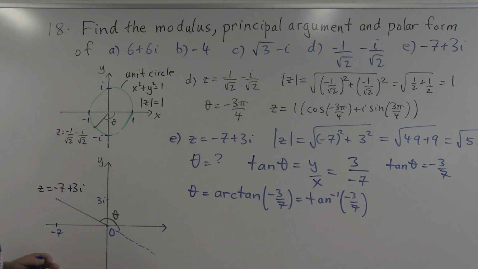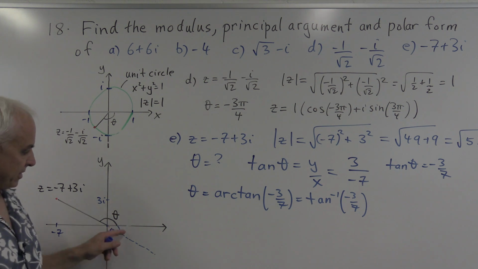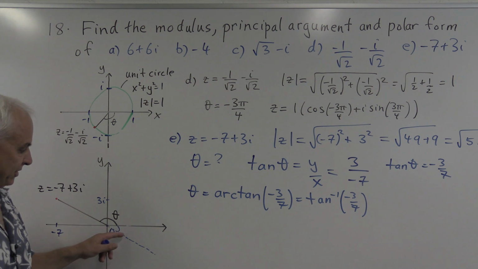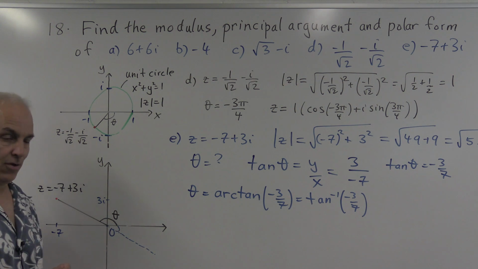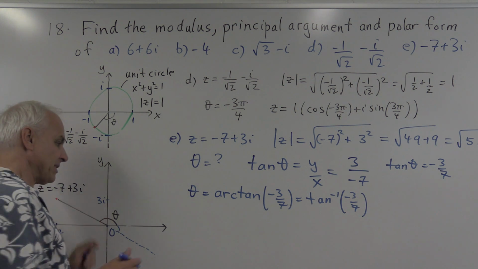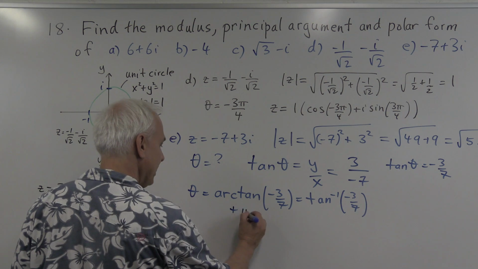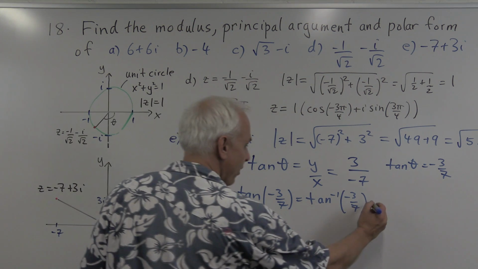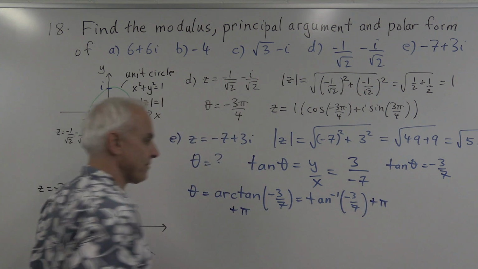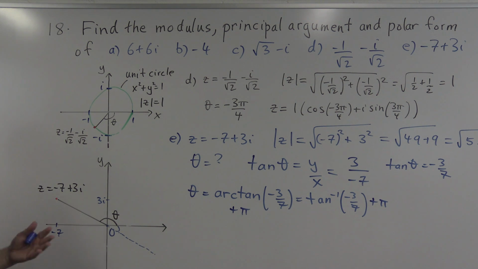And so when you're calculating arctangent, your calculator is going to spit out that angle and not this angle. So to compensate for that, we really need to add pi to these values that your calculator is going to give you in order to get a theta value which is in the right range.